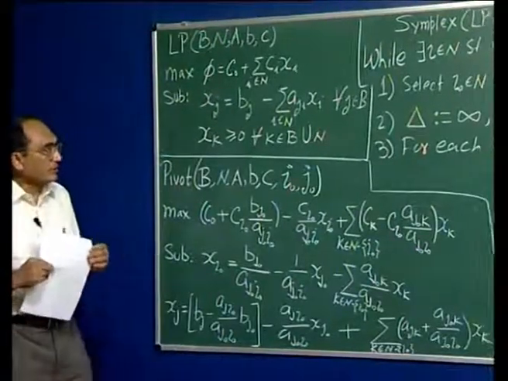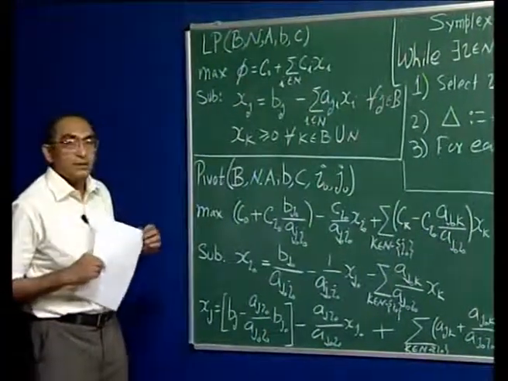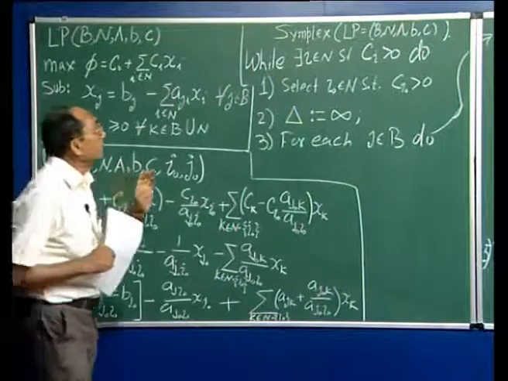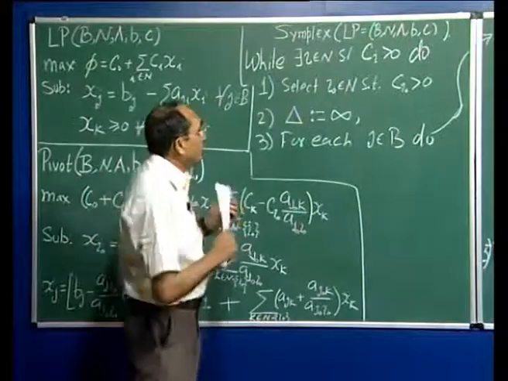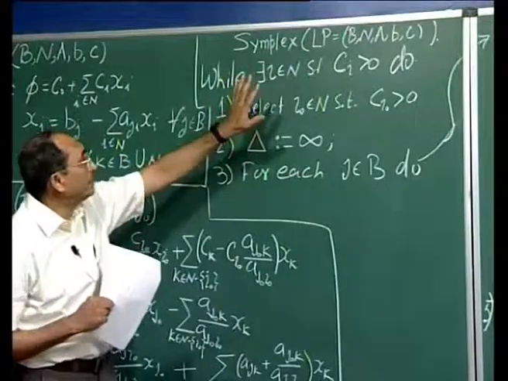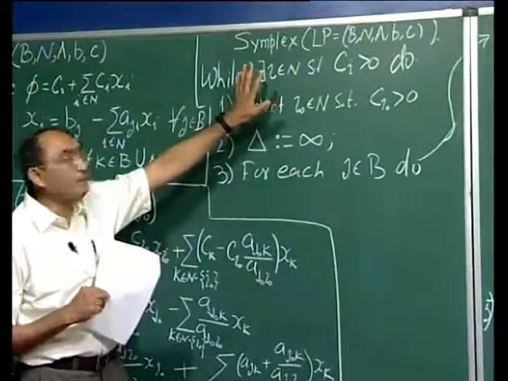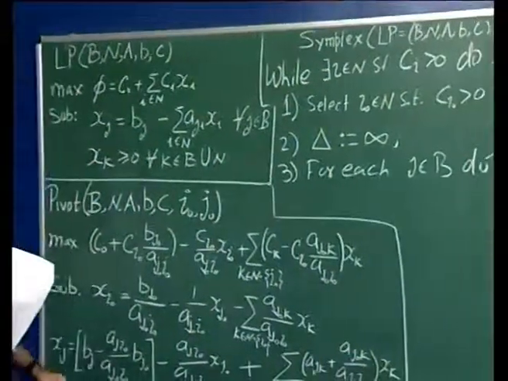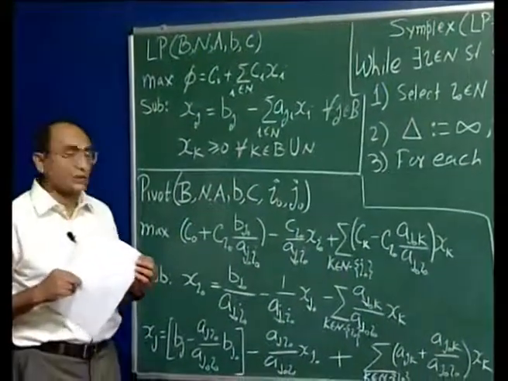Now, based on our discussion from the last lecture, we have an algorithm that we are going to describe now, and that is called the simplex algorithm. Here, without mentioning, I am assuming that this algorithm is meaningful only when the basic solution of the linear program is feasible.